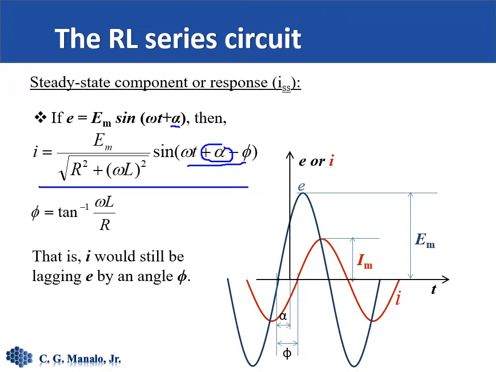Again, phi is still given by inverse tangent of omega L over R. And if we plot the steady state I against the source, it will still lag the source. The steady state I will still lag the source by the same angle phi given by this one.